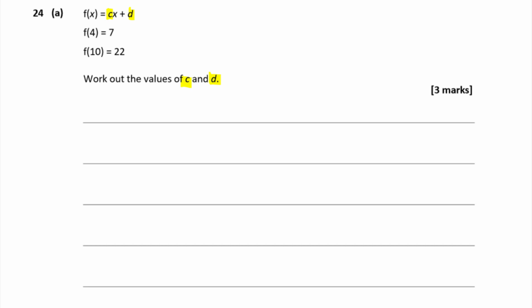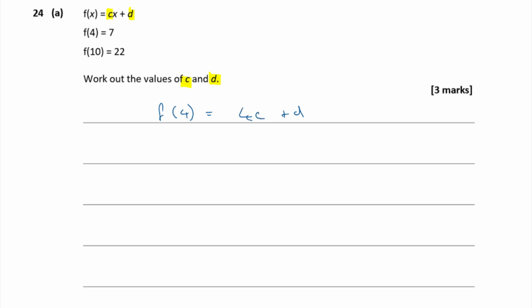We don't know what they are yet, but we do know that f of 4 is equal to 7. Well, f of 4 is c lots of 4 plus d, isn't it? In other words, it's 4c plus d.